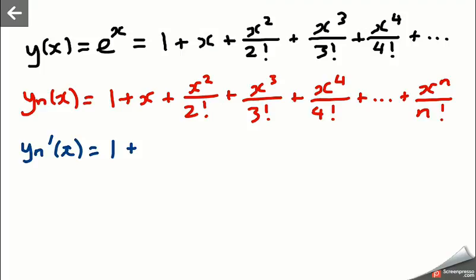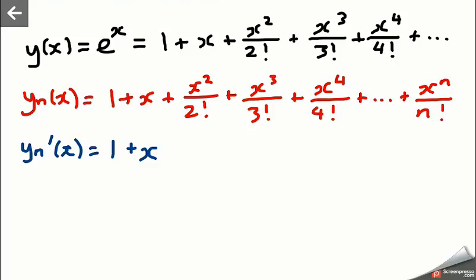To differentiate it, we bring the 2 down, subtract 1. And so we're going to get 2 times x to the power of 1, which is just 2x, divided by 2 factorial. But 2 factorial is just 2 times 1, or in other words, 2. And so those 2's are going to cancel out. So we're just left with x at the end of all that.